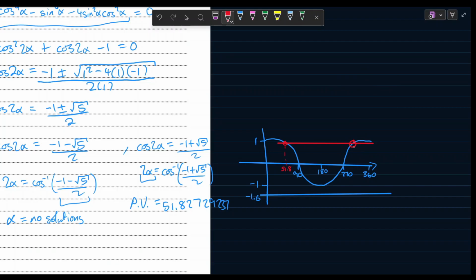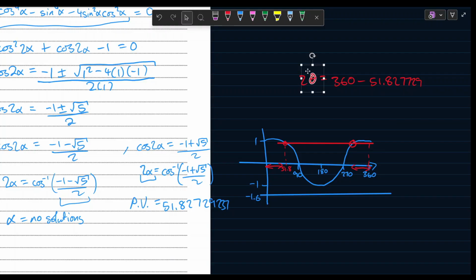And by symmetry, since this distance here is 51.8, it should mean that the distance from 360 all the way to our point here should also be 51.8. So we can say 360 minus 51.827729, and remember this is in terms of the principal value, so 2 alpha, not theta.